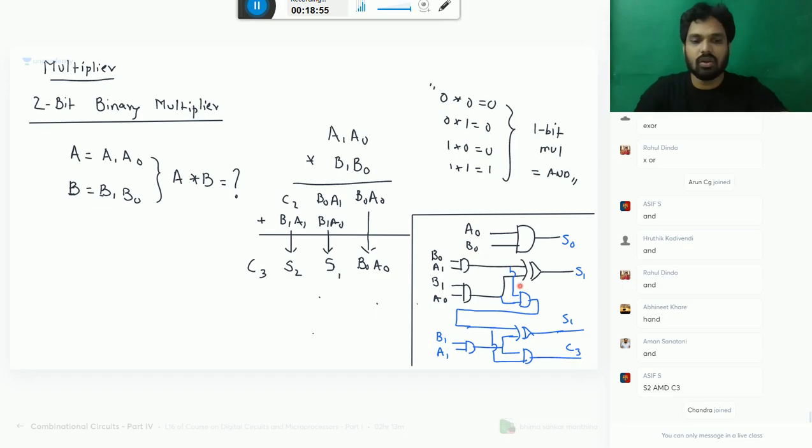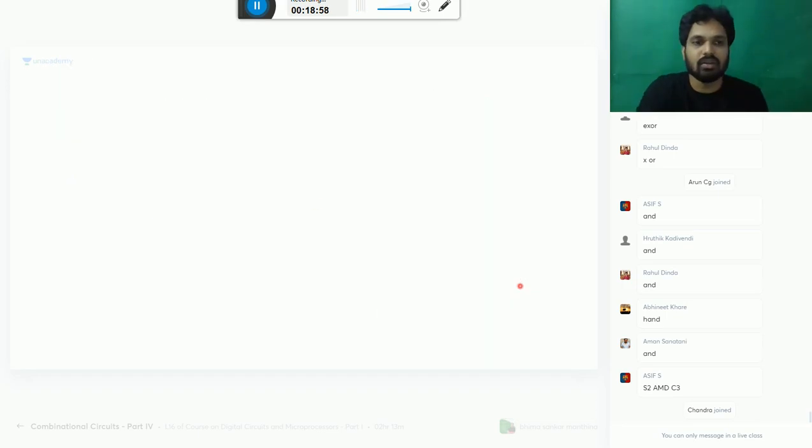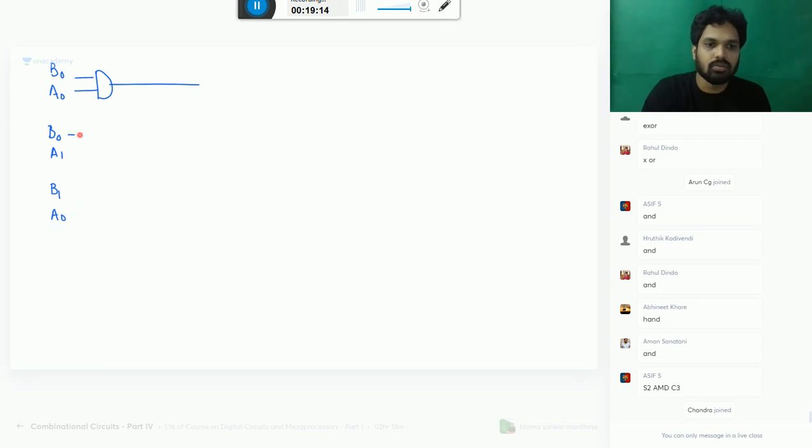You can also draw this figure like this. Please see B0 and A0. You give it to an AND gate. Then B0 A1, B1 A0. Now these two you give it to one half adder.